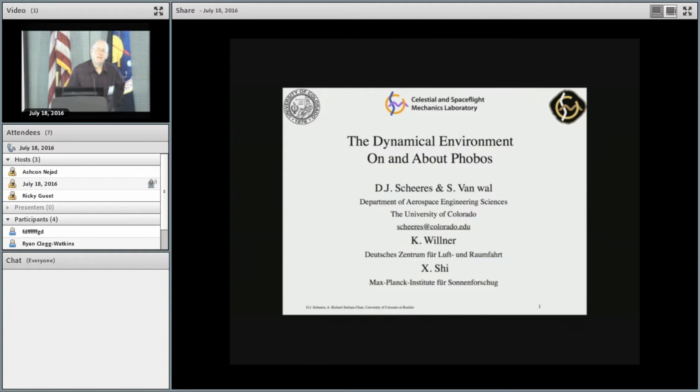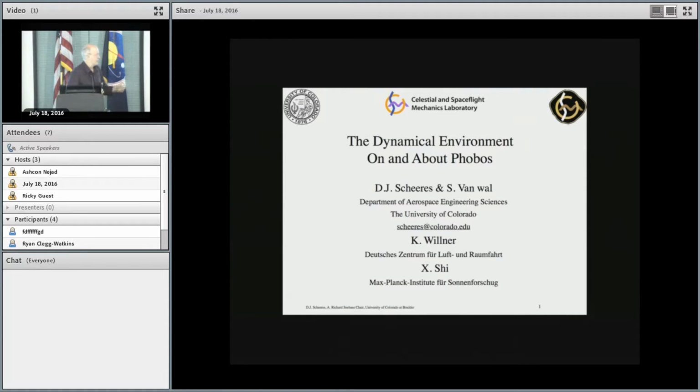What I'm going to talk about is sort of an opportunistic set of analyses we did, having heard about this workshop and realizing that, as far as I knew in the literature, there hadn't been a really detailed study of the dynamics of motion on and about Phobos.